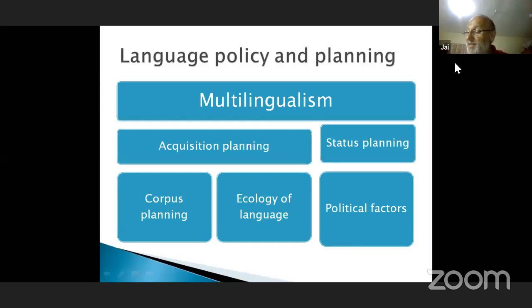They get the status that is distributed, and also literacy can be maintained in the local languages for educational purposes.